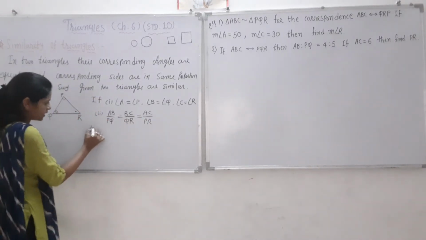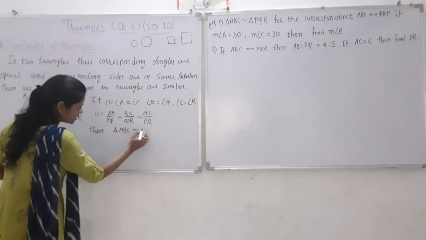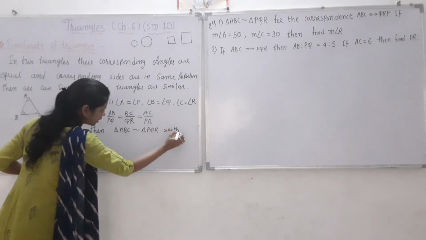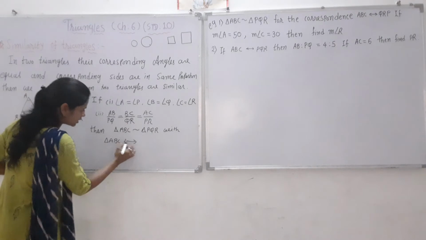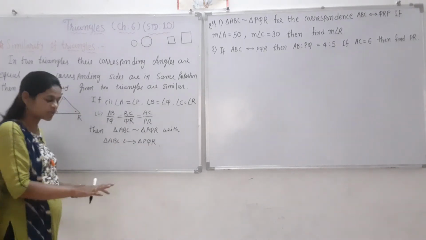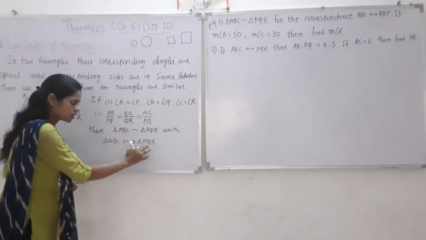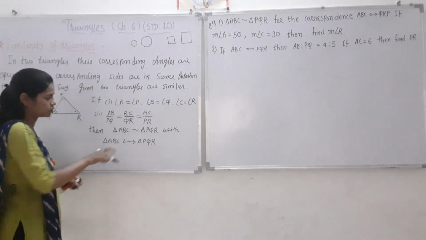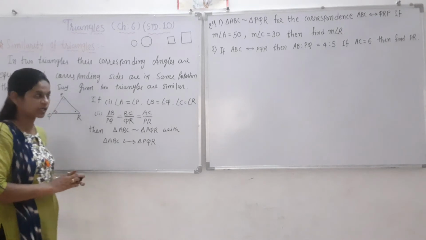Then you can say triangle ABC is similar to triangle PQR. Corresponds means A corresponds to P, B corresponds to Q and C corresponds to R. That's why you use these correspondence symbols, and this is the symbol of similarity.